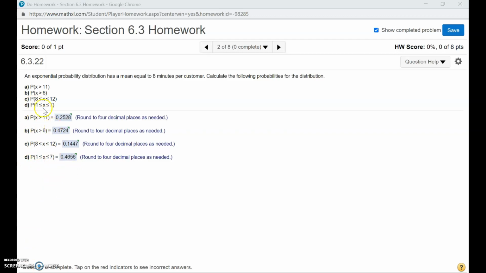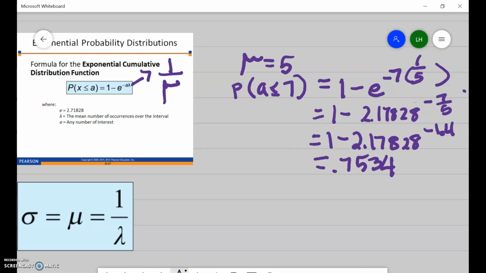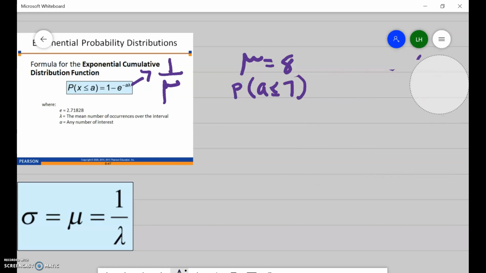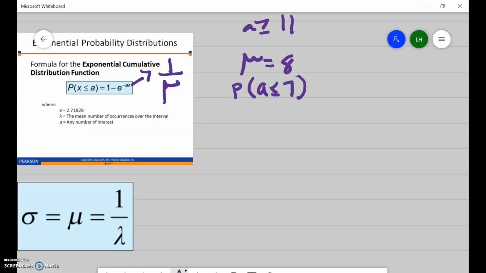Now, if it's greater than, you're going to use the complement rule. So here, the mean is 8, and we want to know the probability that X, or A, is greater than 11.